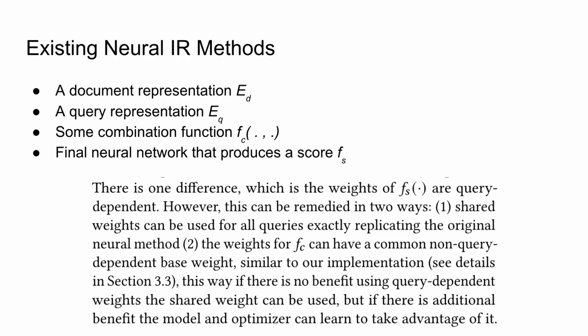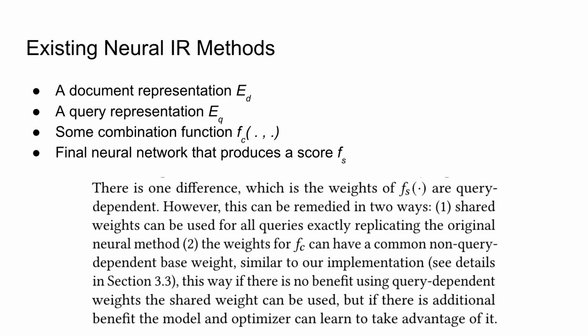The combination function, the QNet, is already combining the two in that sense in terms of representation, so we can check that off. And the final neural network, well, the QNet is a neural network, and it does produce a score. So f of s is also covered by our QNet. And so that's how I understood this section, that the QNet itself is capturing, and really the Hypencoder framework in general is capturing all 4 of these points.